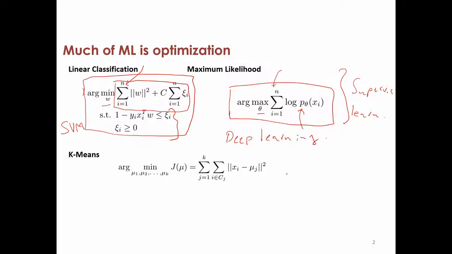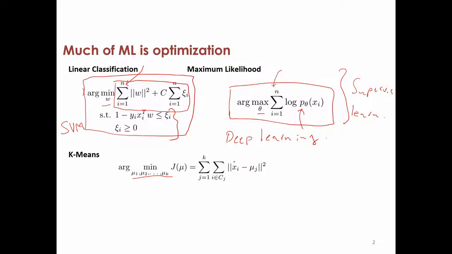There are also unsupervised learning problems. This is the k-means clustering problem, where your task is to estimate the cluster centers which minimize this objective function. Or there are recommendation problems where the task is to estimate certain latent representations of topics.